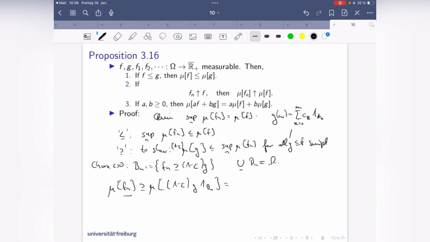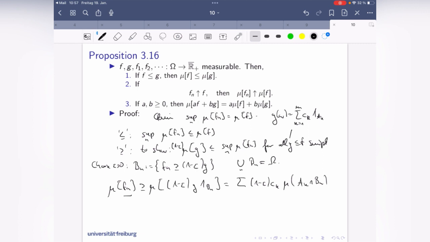This right hand side I can write as a sum, (1 minus epsilon) ck mu of, well, Bn, and the g also has an Ak, so mu of Ak intersect with Bn.